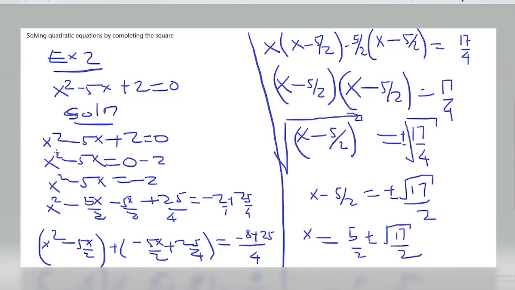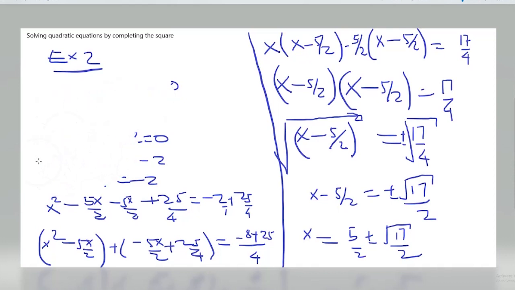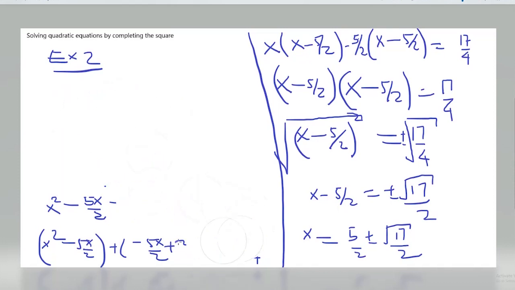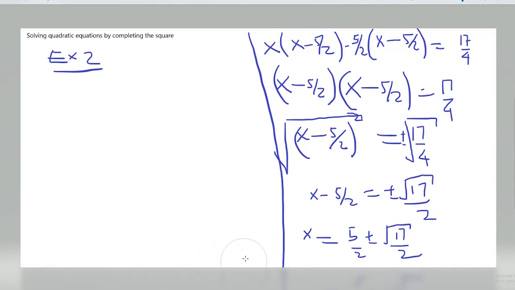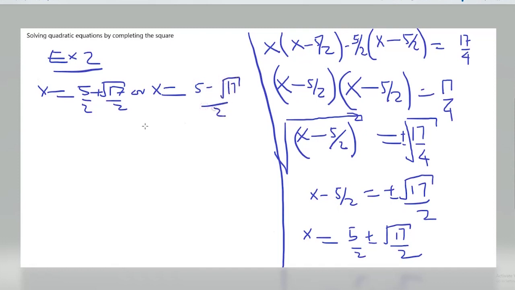Now when you clear the space to finish up the solution of this. Okay, now x will be equal to 5 over 2, then take it plus square root of 17 over 2, or x is equal to 5 over 2, then take minus square root of 17 over 2.